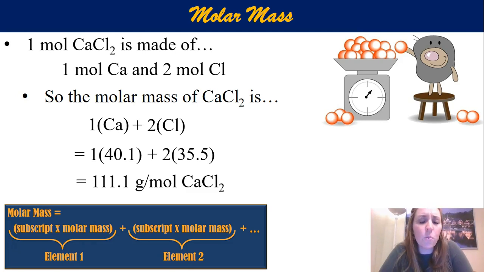Sometimes you'll refer to this as 111.1 grams calcium chloride, but know that that's talking about 111.1 grams of calcium chloride for every 1 mole of calcium chloride. So if you have 1 mole of calcium chloride and you put that on a scale, you're going to get 111.1 grams of calcium chloride.